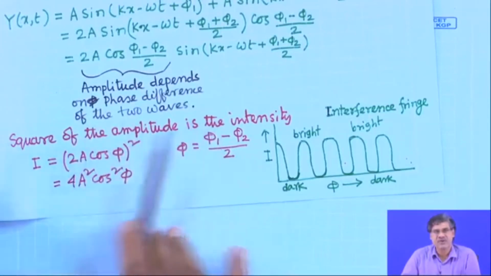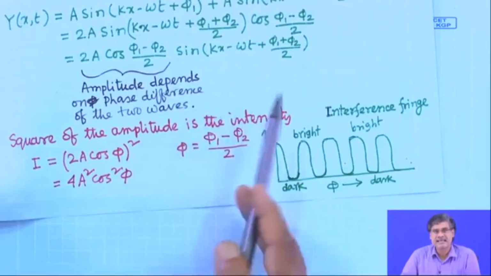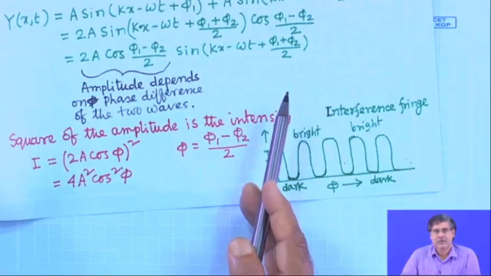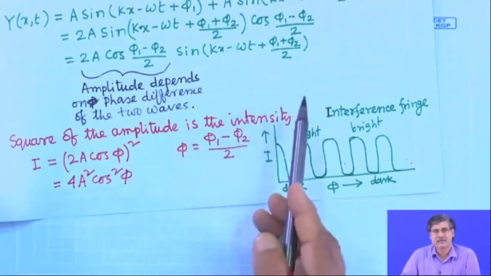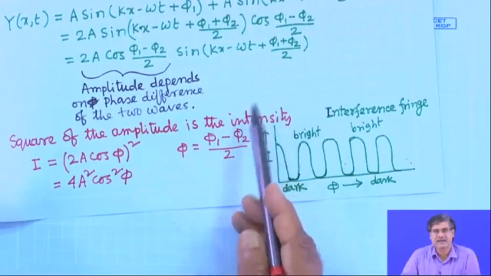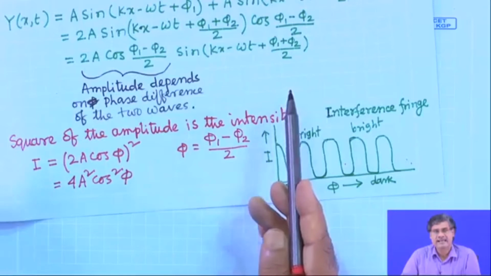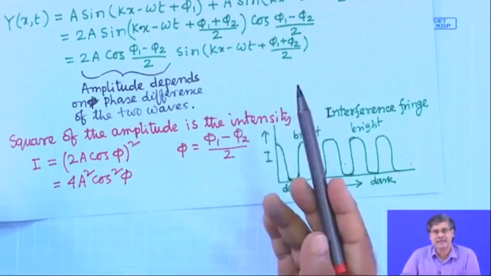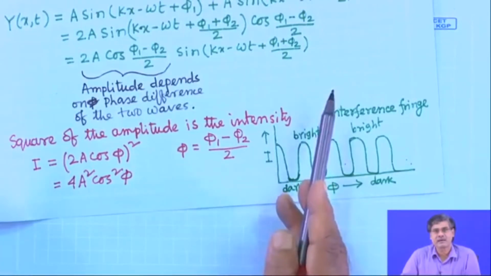Now, when they are moving, at another point when they are reaching, their phase difference may be different, okay, but at that point it will be independent of time, all the time it will remain constant.